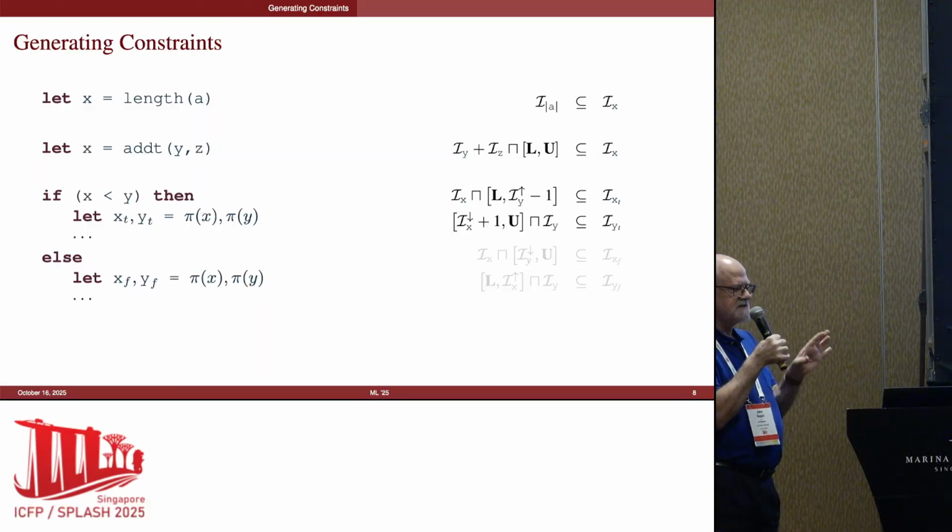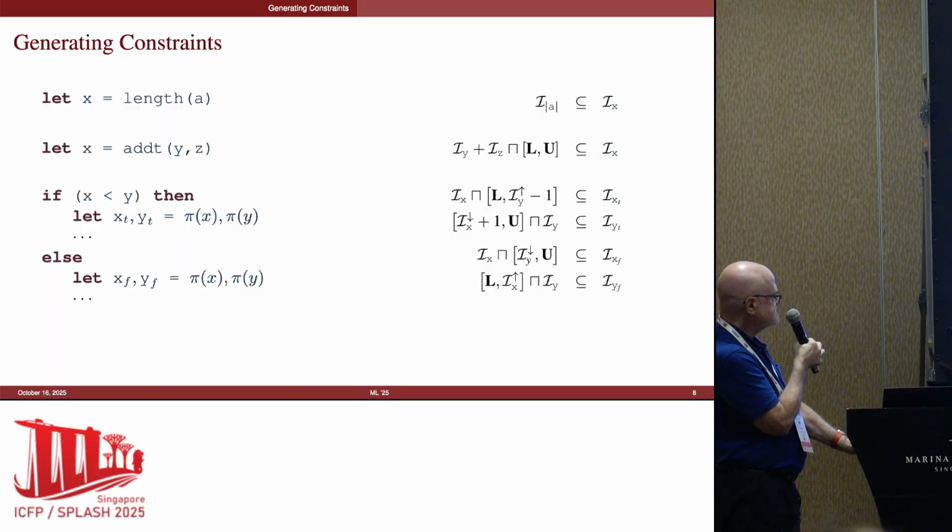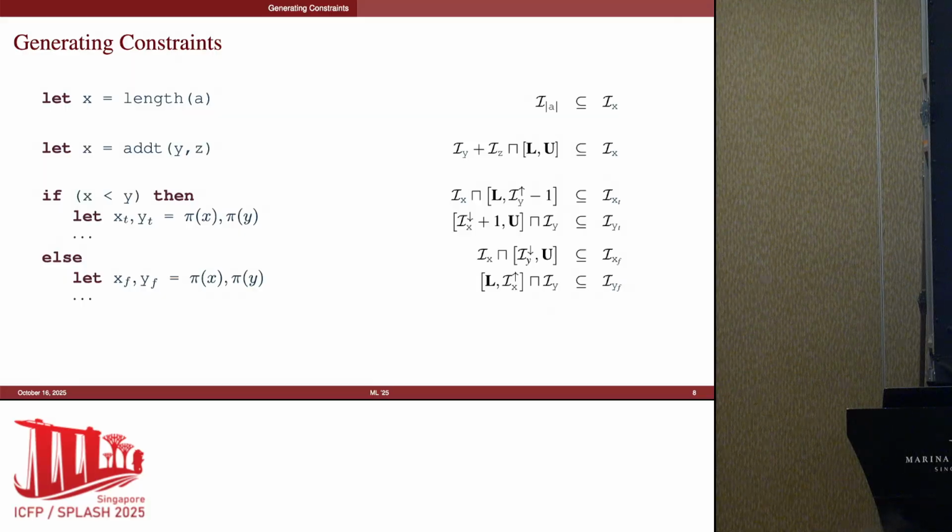And that's just basically expressing the information that you learn from that particular conditional in the true case, and then there's a similar thing in the false case. And I should say that in the original version of the paper, and in fact in the literature for this problem, typically people only care about the true branch, and so often use a much simpler version, just essentially saying Ix flows to Ixf and Iy flows to Iyf, which are sound constraints, but they're not as precise as you can be.